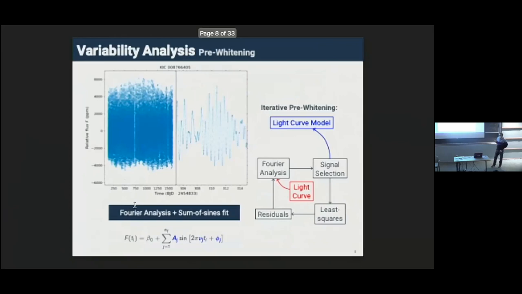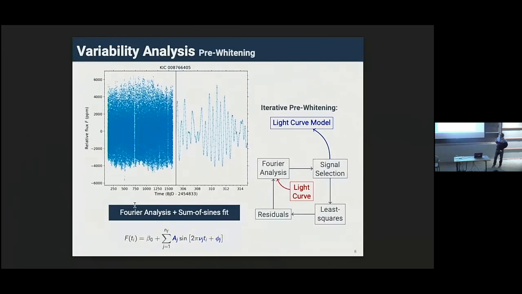So how do we go about probing the variability in these stars? Well, we use a tool, pre-whitening, to do that. What we do is extract the light curves from the Kepler data, and we make sure that we don't extract any artifacts.